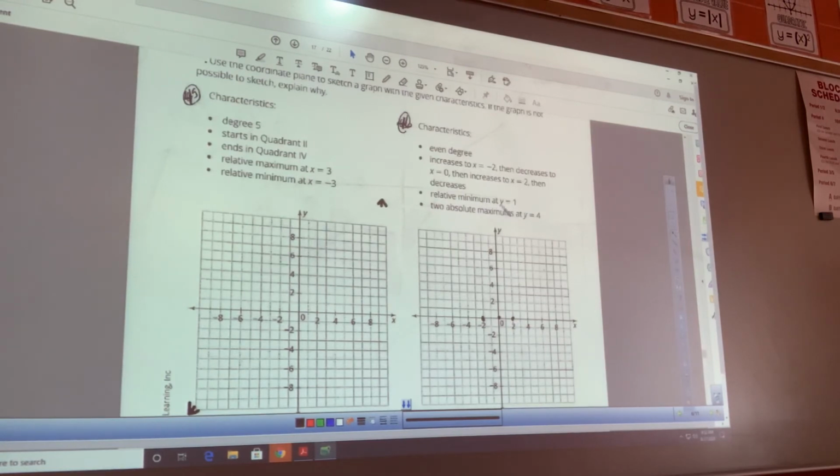Has a relative minimum where y is equal to 1? Or is that negative 1? Looks like, okay, an absolute max at where y is 4. So somewhere up here is going to be my max.